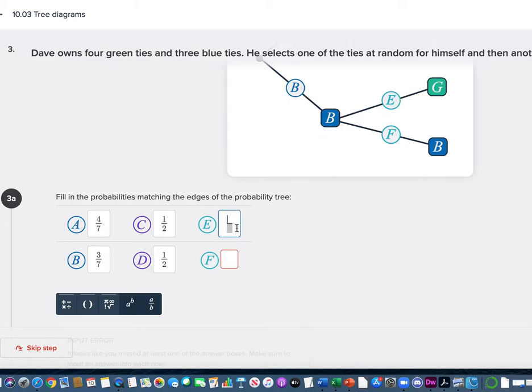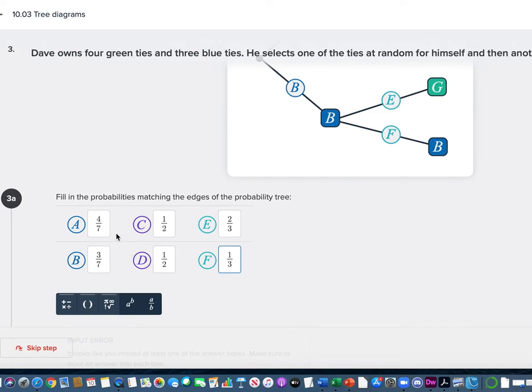So the green tiles haven't changed, that's still 4, but the total is now going to be 6. So if we simplify that, that's going to be 2 over 3. Same with the next one, we've got 3, but he's taken one tile, so the blue tile is going to be different, but the total is going to be different as well. So that's going to be 1 over 3.